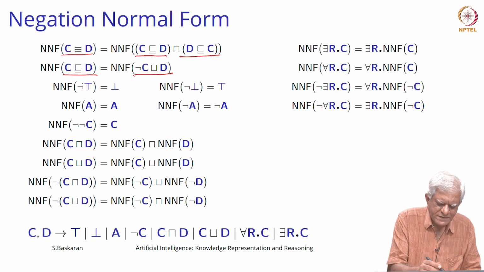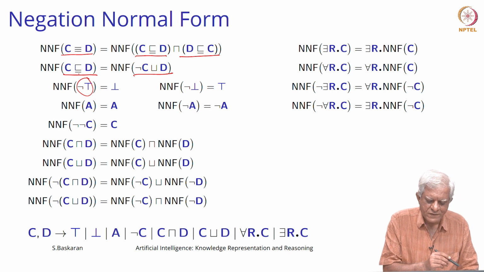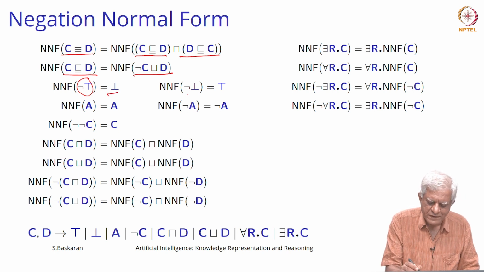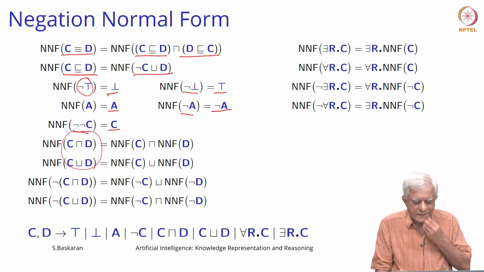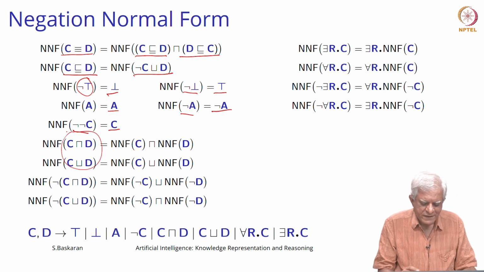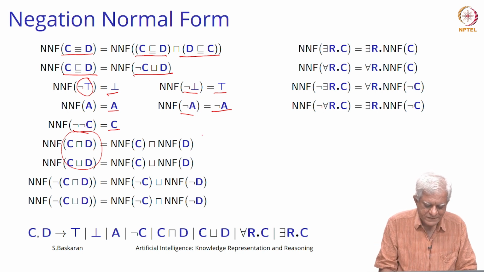Then there are some other things: if you have negation of top, then it is bottom, and likewise negation of bottom is top. The NNF of A is A itself, the NNF of not A is not A, the NNF of not not C is C, and if you look at the binary operators, then you basically push the negation inside there essentially.